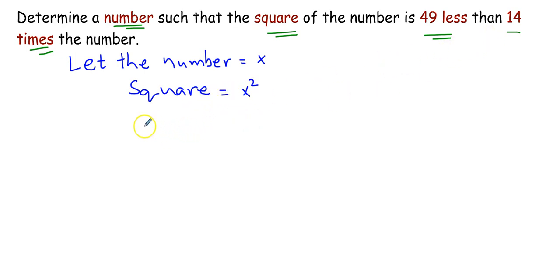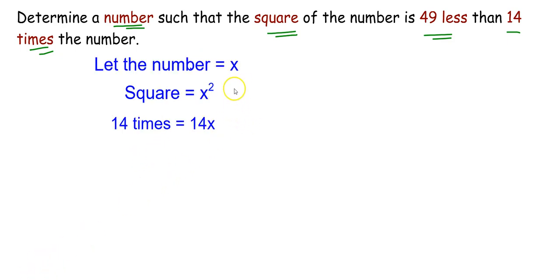Now 14 times the number, 14 times x is 14x. So we have the number x, its square is x square, and 14 times the number is 14x.